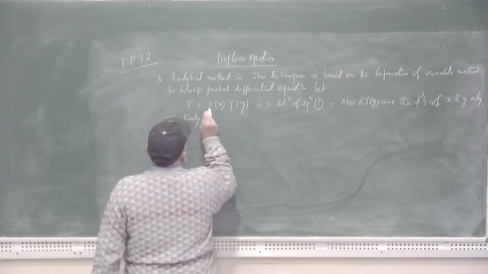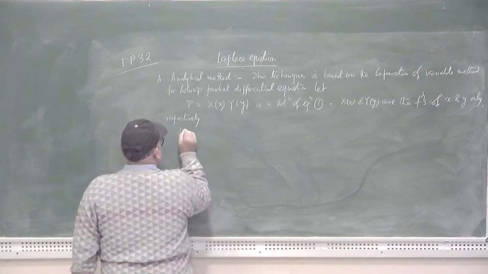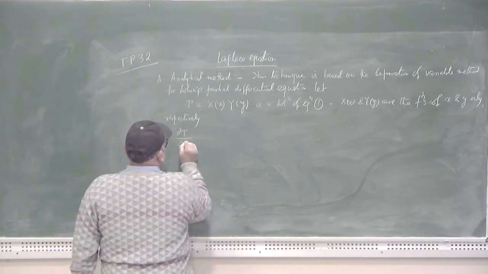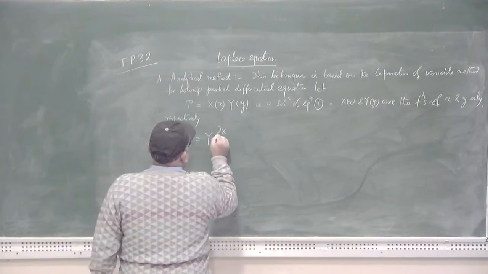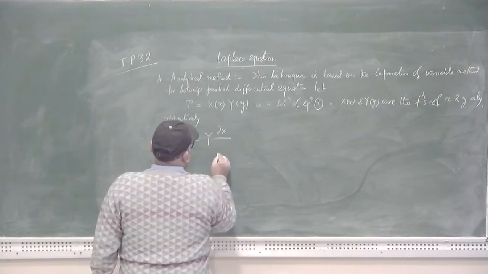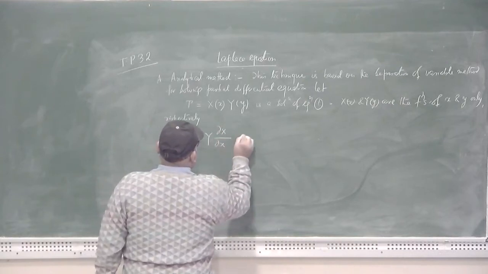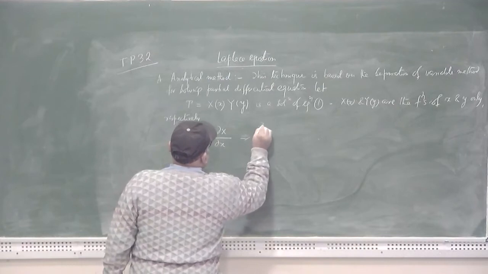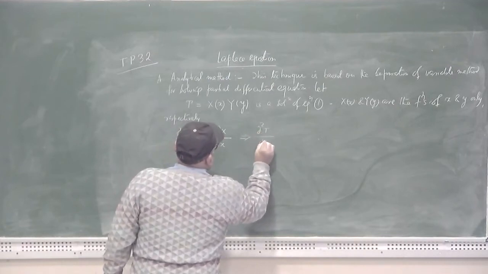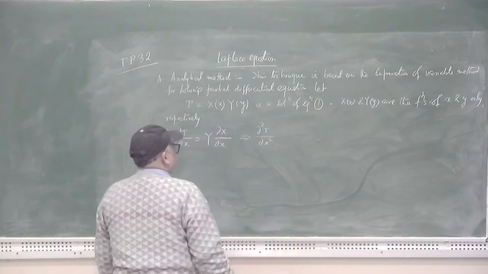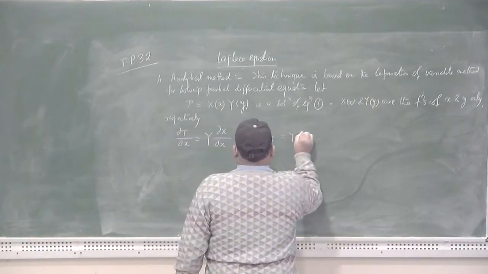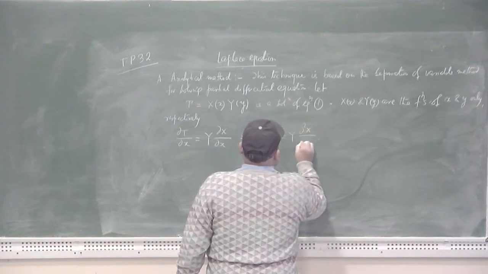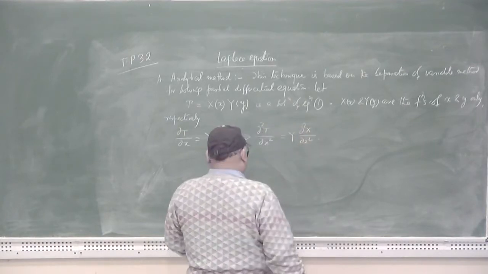So, differentiating this equation, we will get ∂T/∂x equal to Y dX/dx, or you can write ∂²T/∂x² equal to Y d²X/dx².